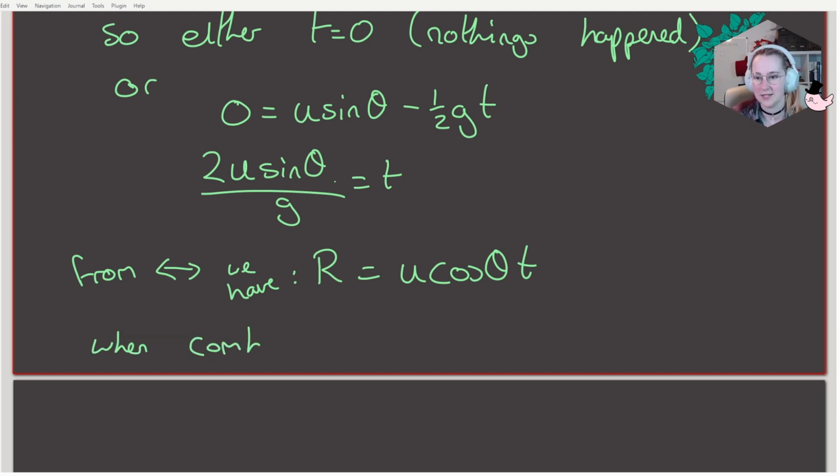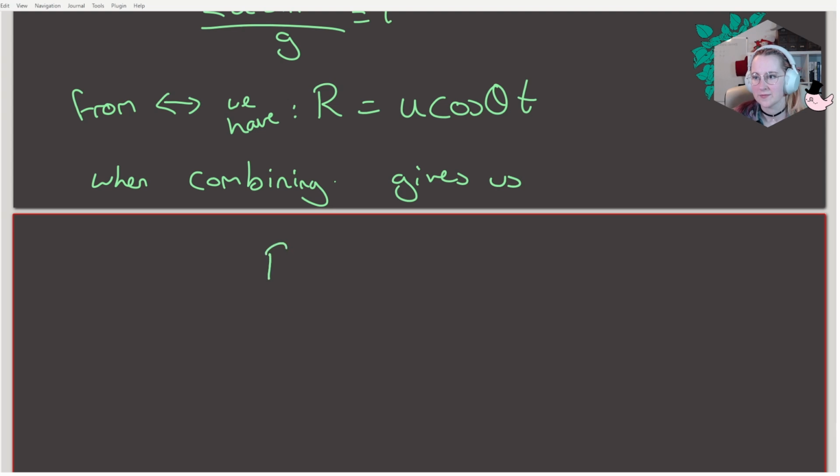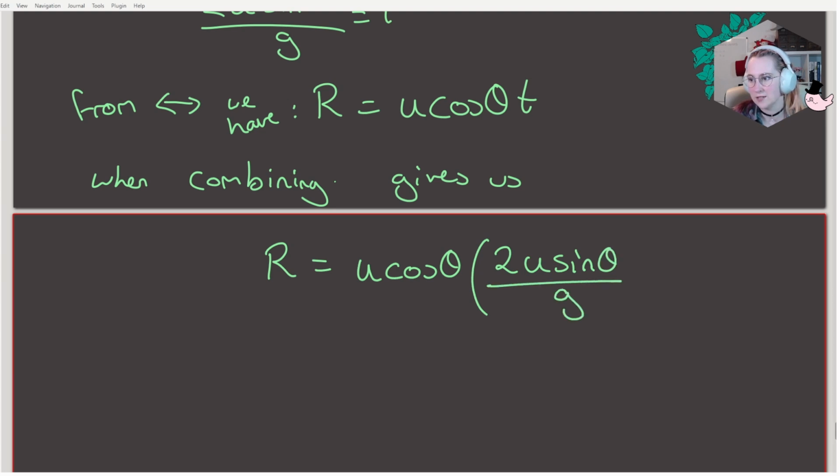When combining, that gives us R is u cos theta times 2u sine theta over g.